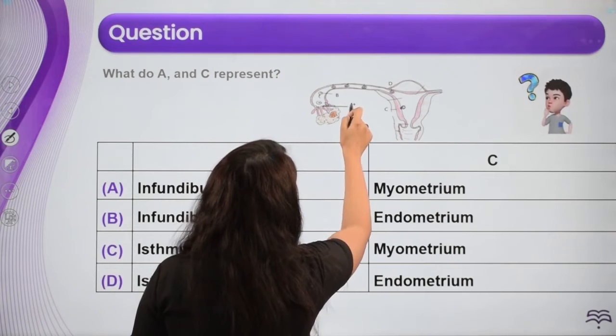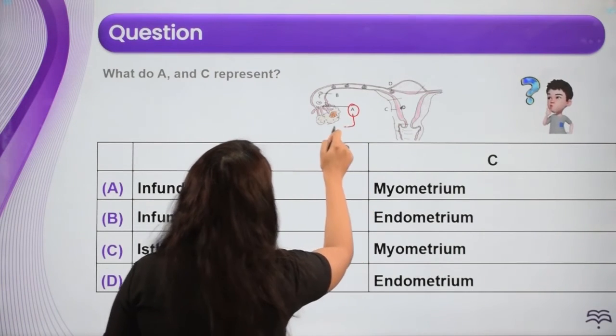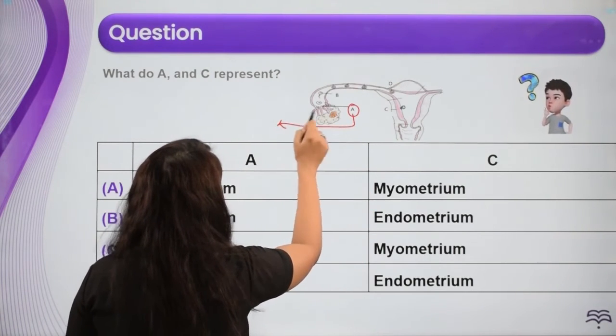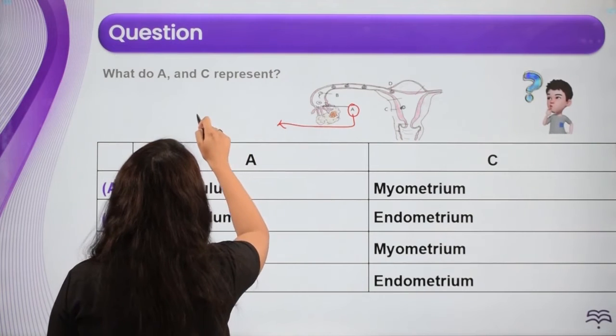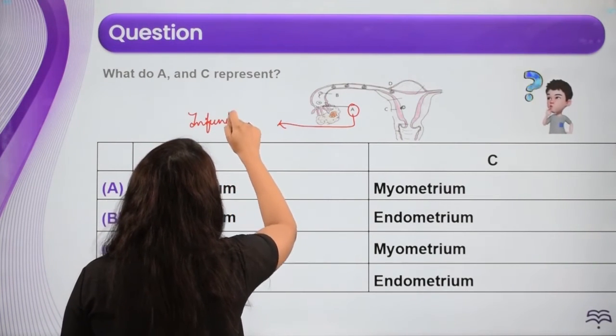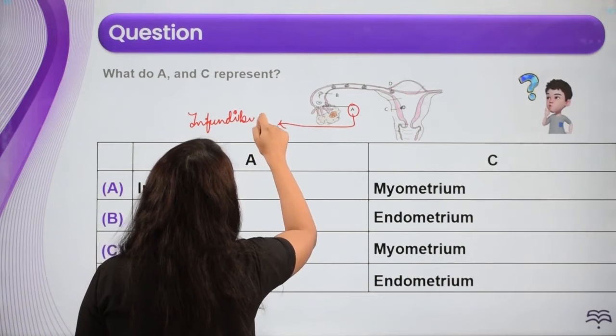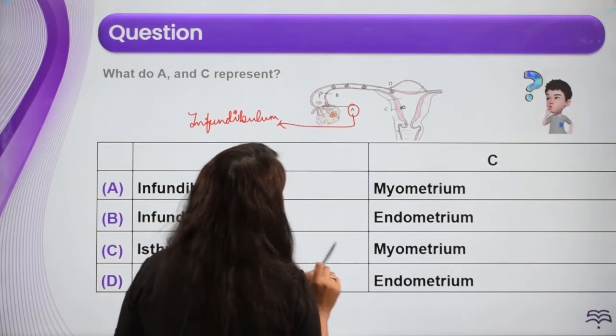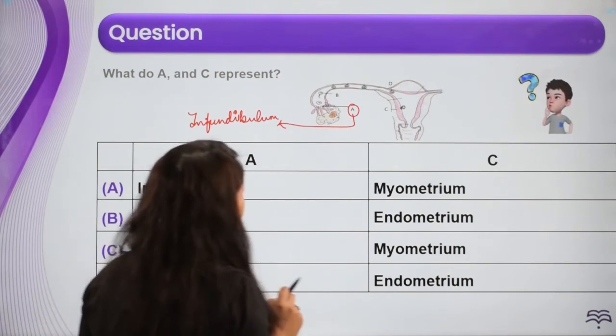A is pointing towards the closest part of the oviduct to the ovary. तो ये वाला पार्ट क्या हो जाएगा? ये हो जाएगा infundibulum. अब देखो फिर C पूछा है.